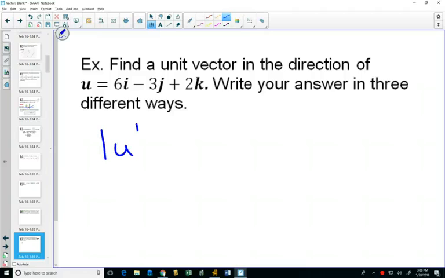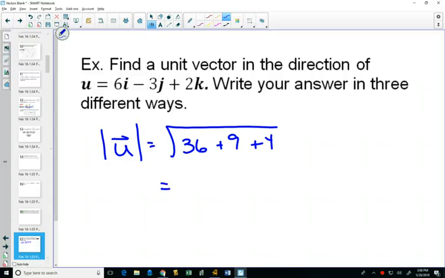First of all, we can find the length of u, because it'll be the square root of 36 plus 9 plus 4, which we already figured out was 7.